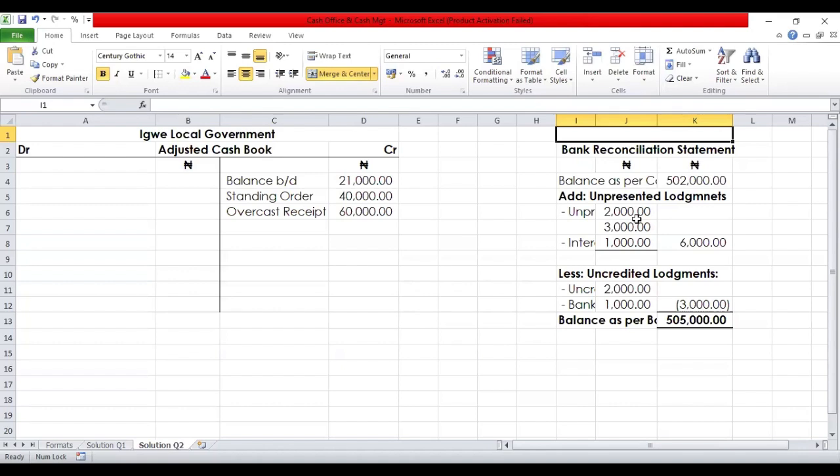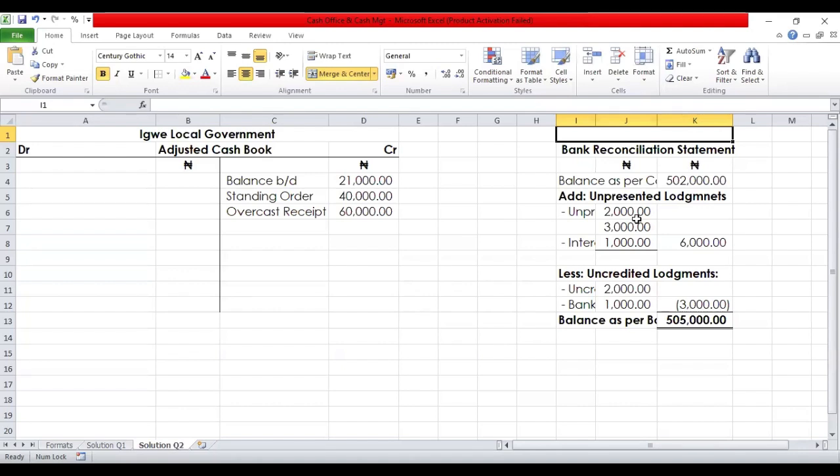I think this is error of complete reversal. The account that's supposed to be debited was mistakenly credited, and vice versa.